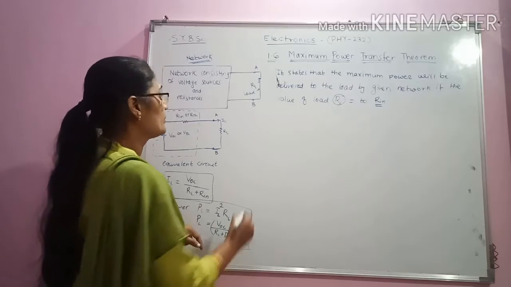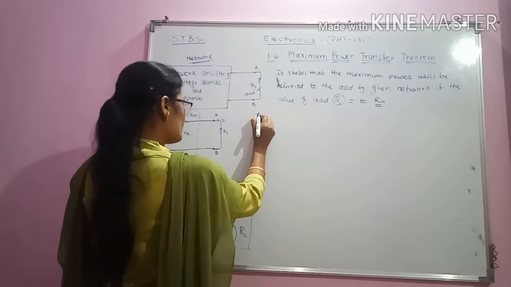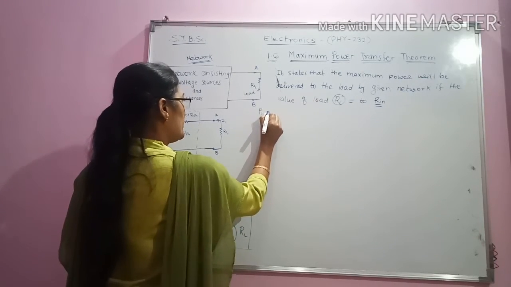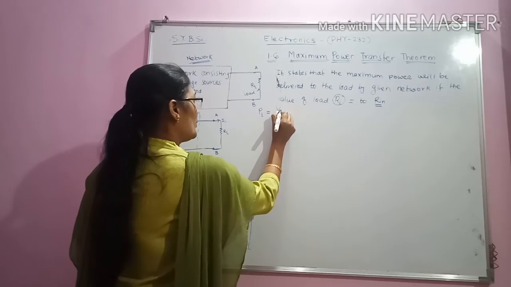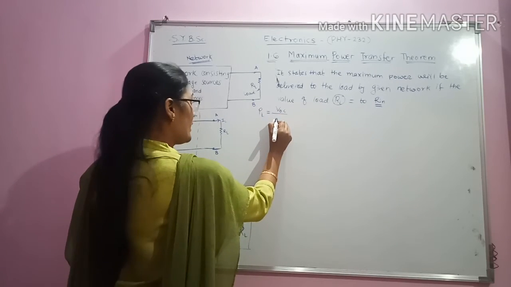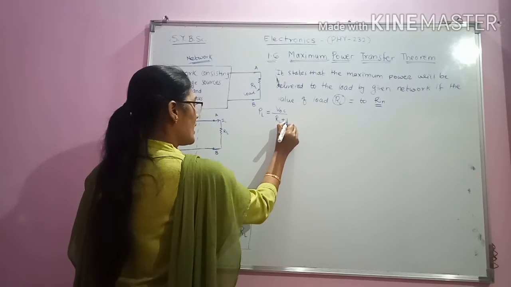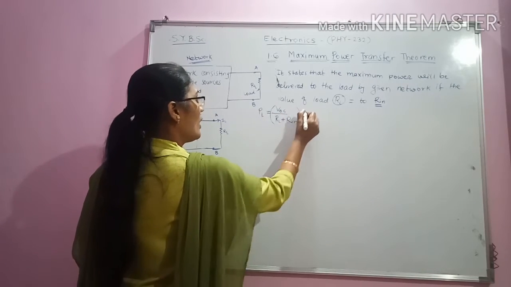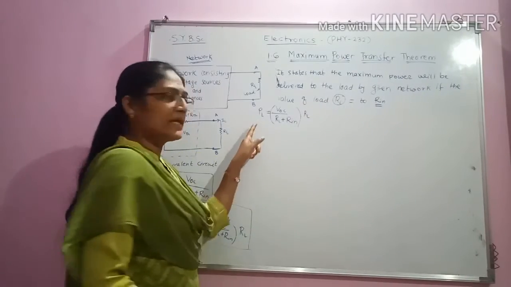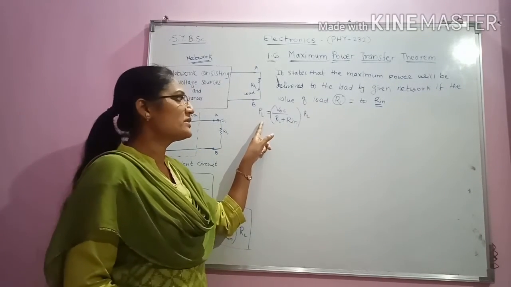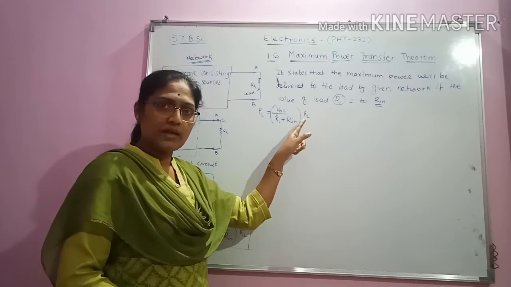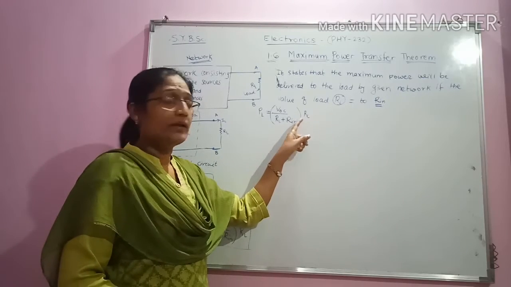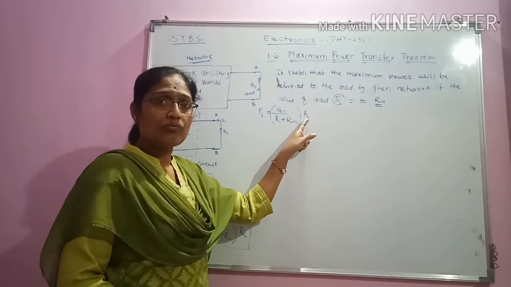If we observe this formula, what is the formula of power? Power PL is equal to VOC divided by RL plus Rin into RL. It means that the power that is delivered to RL depends on the value of RL.